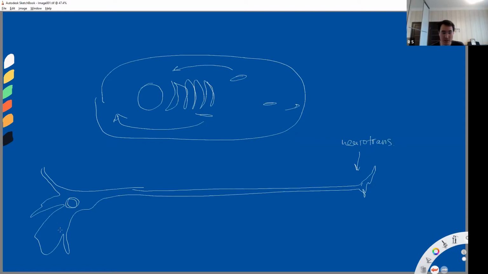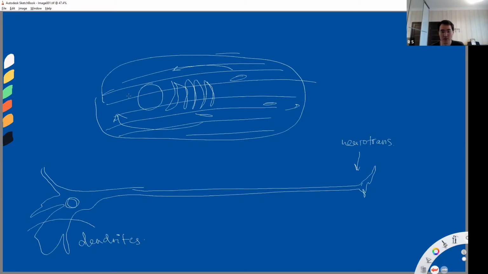And some of the structures, organelles or anything, should be in dendrites, for example. So to be able to separate these compartments from each other, we need some kind of mesh that will hold everything in its place.